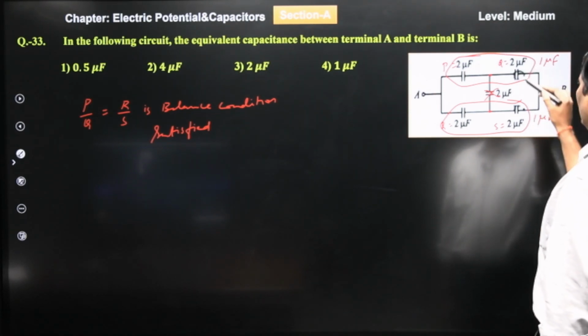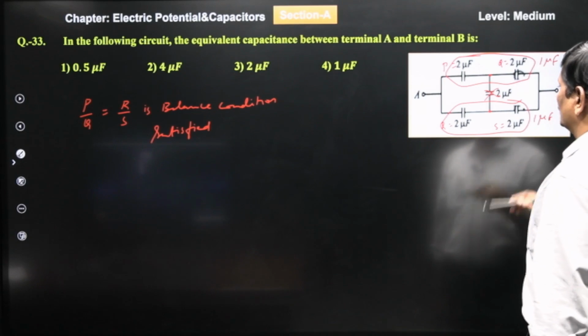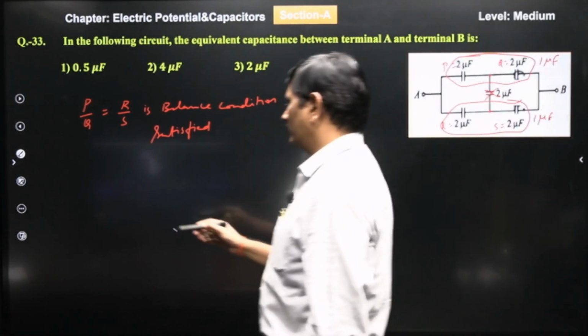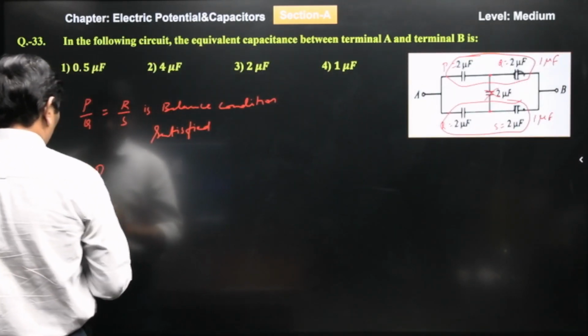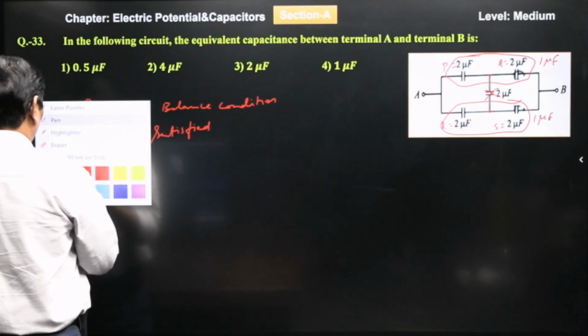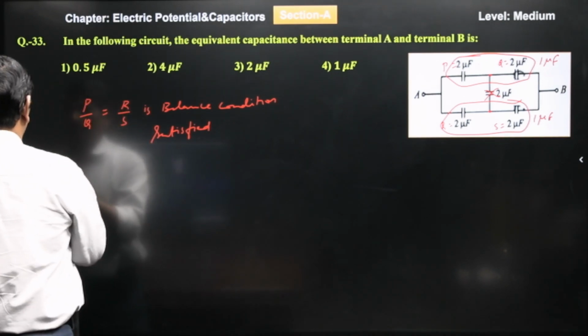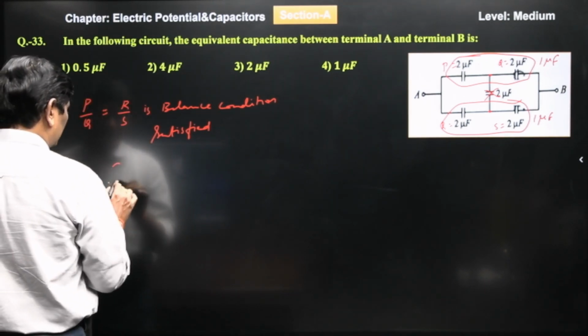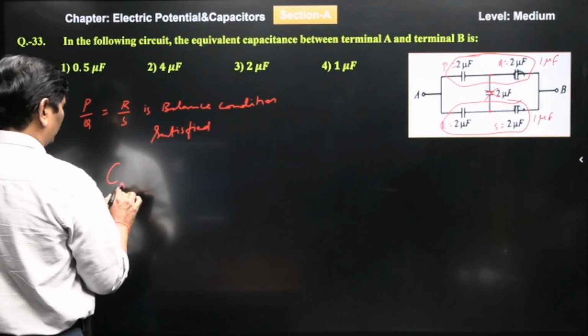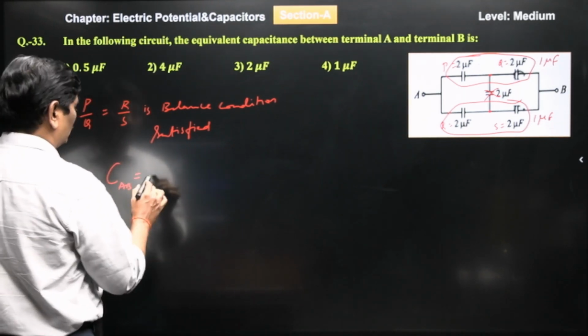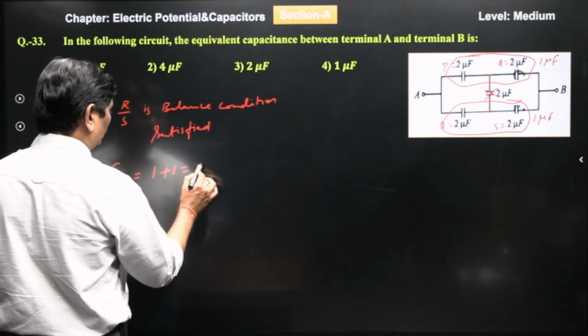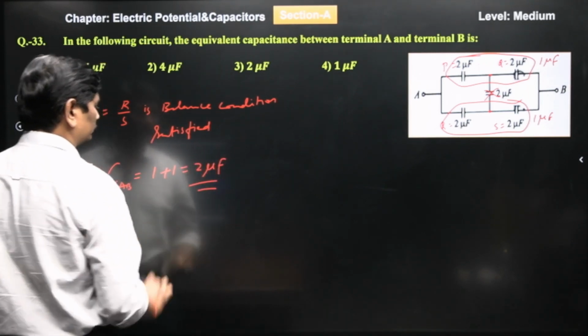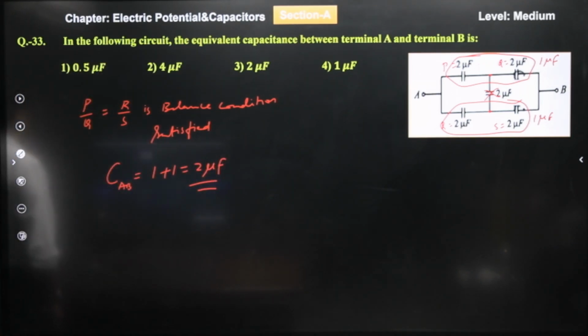1 microfarad parallel. So, parallel means finally you will get effective capacity between A and B. Effective capacity between A and B means 1 plus 1, you will get 2 microfarad.